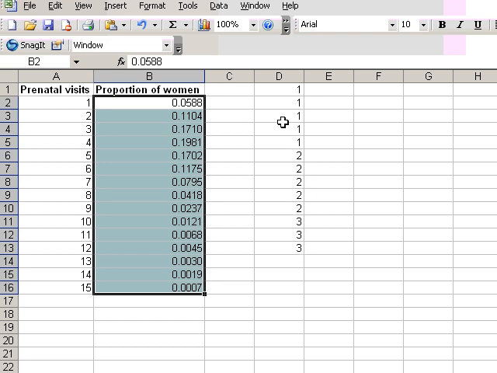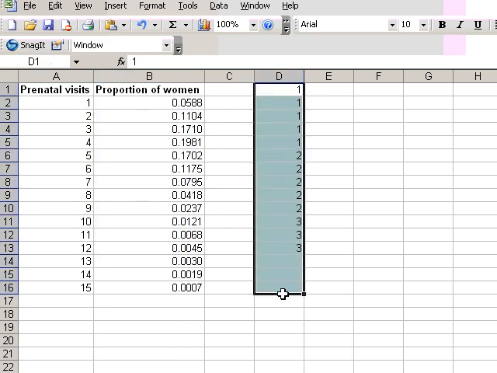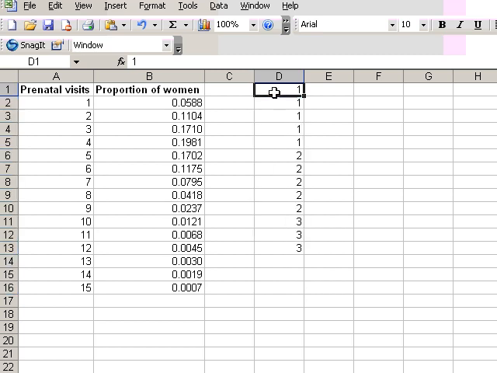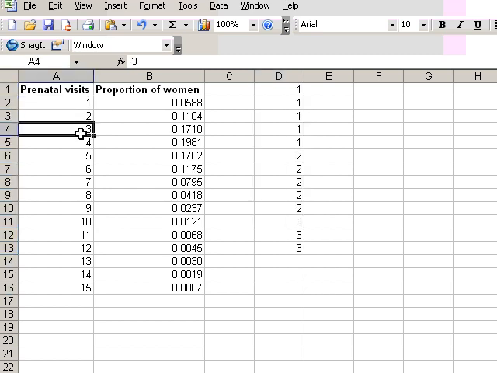Then we could simply say that we wanted the average of all 10,000 cells, or we wanted the standard deviation of all 10,000 cells, and we would get an answer with which we are familiar. But now let's look at how we get the mean and standard deviation simply with these values and these proportions.